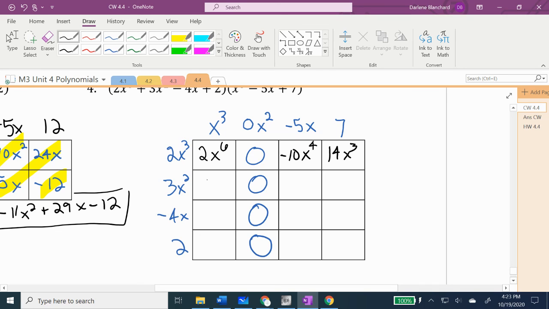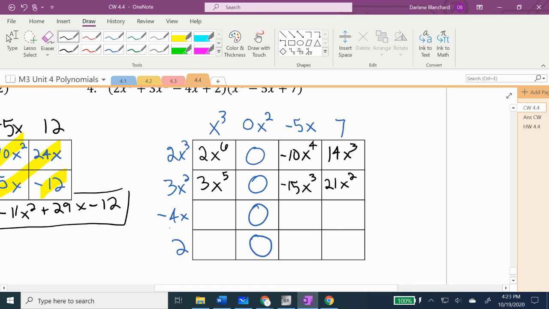So first times x cubed, I get 3 times x to the 2 plus 3. 3 times negative 5 gives me negative 15, and then x squared times x is x cubed. 3 times 7 is 21, and also multiplying is x squared.